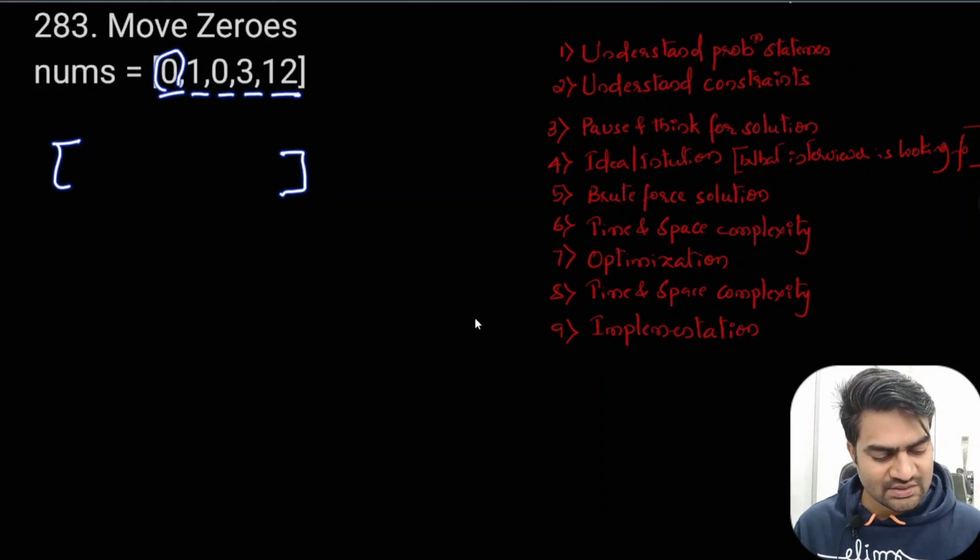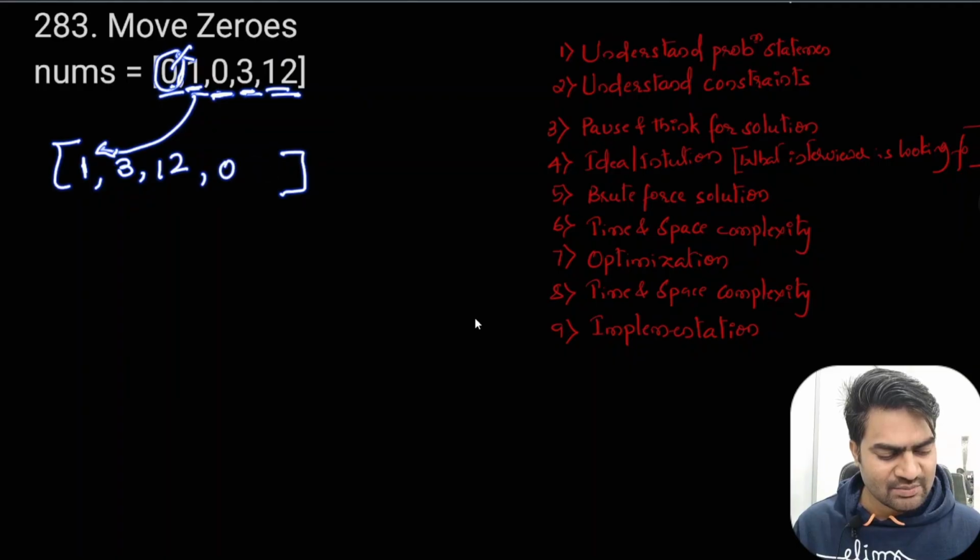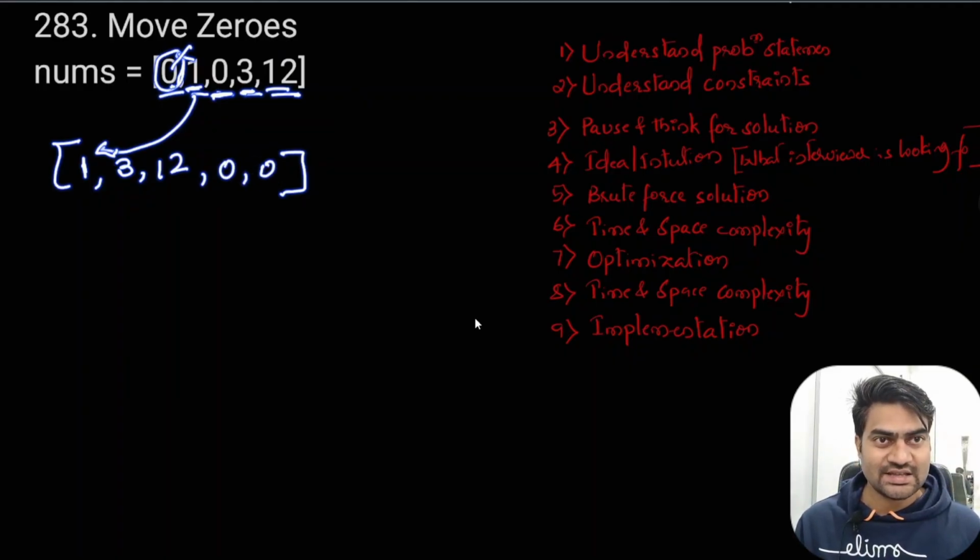If it is not 0, then I'll move the number to this array. So I see 0, I leave it. I see next 1, so I take it and place it here. Then I see 0, I leave it. I see 3, I take 3 here. Then I take 12. And after that, the remaining places I'll fill with 0.